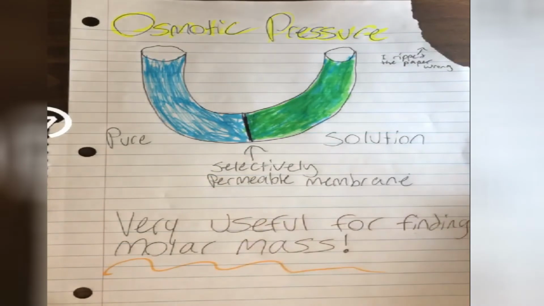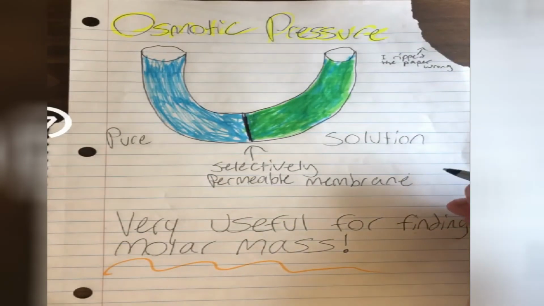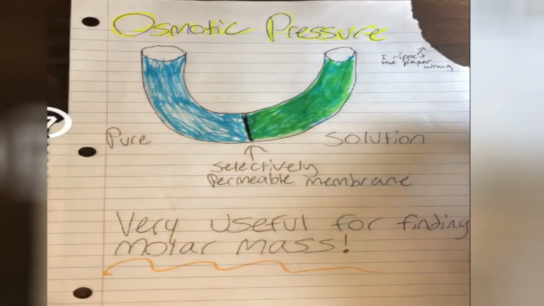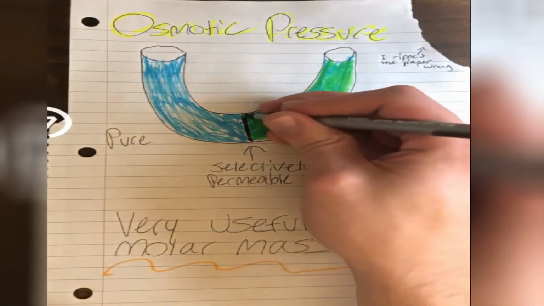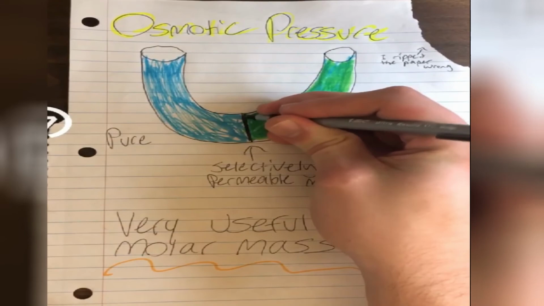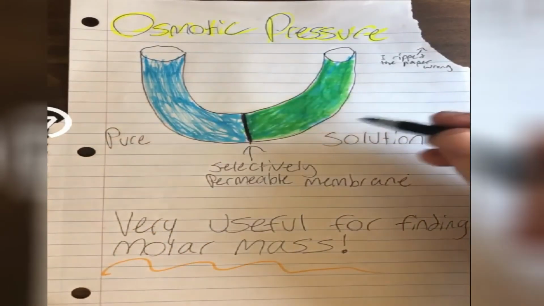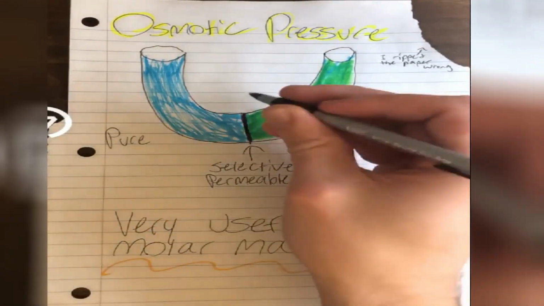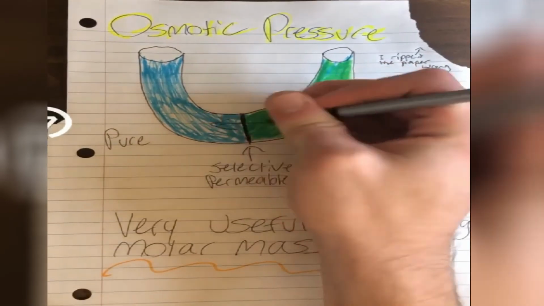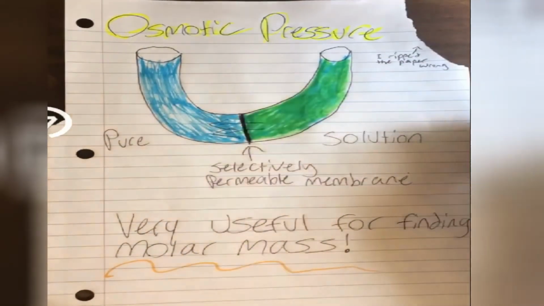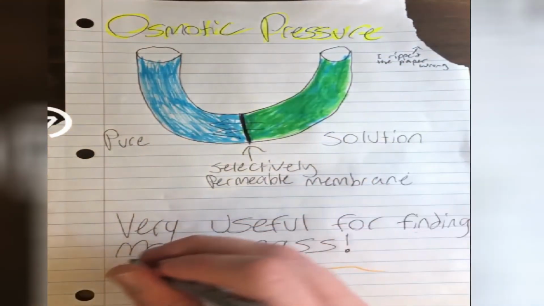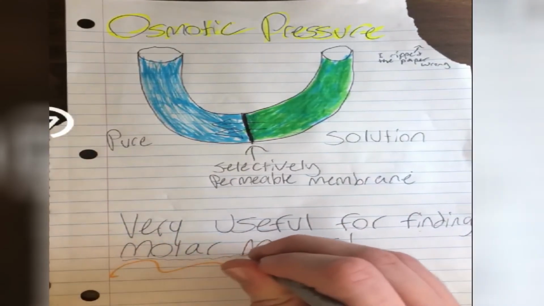Lastly, we'd have the osmotic pressure. And this one's a pretty important one for a variety of reasons, but it works mainly with selectively permeable membranes. Once in solution, it makes it harder for the solvent to come over that selectively permeable membrane, and this is really good for finding molar mass.